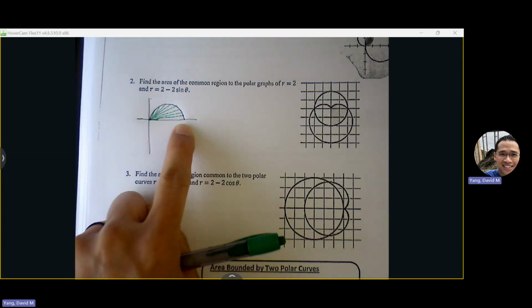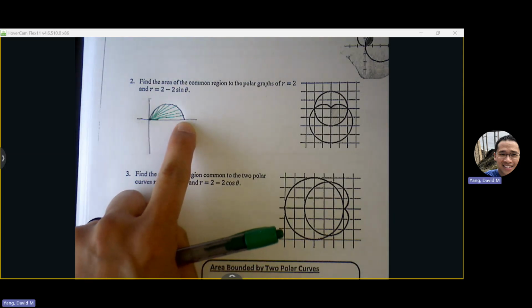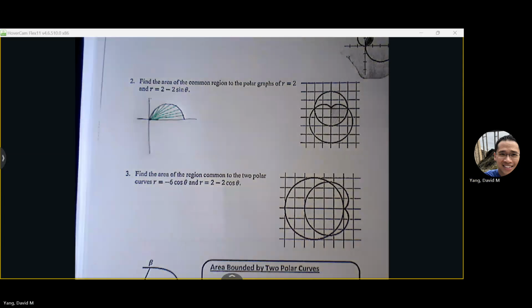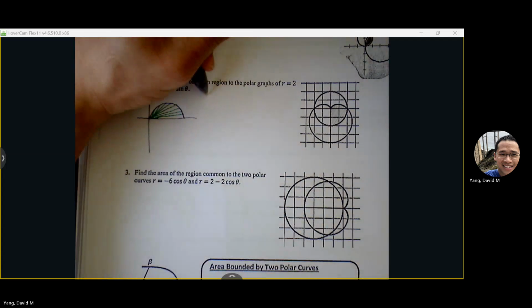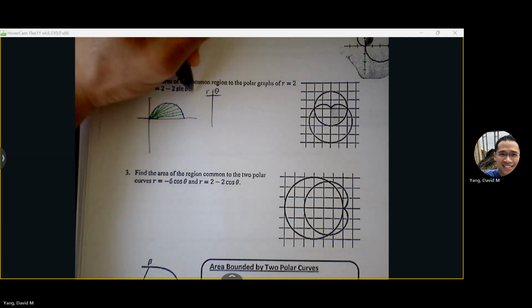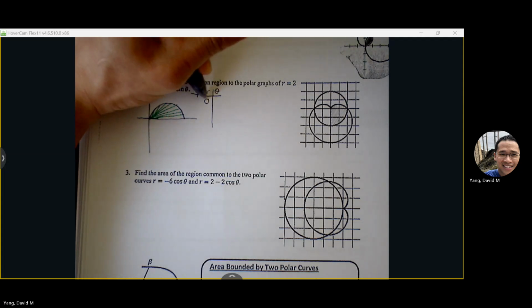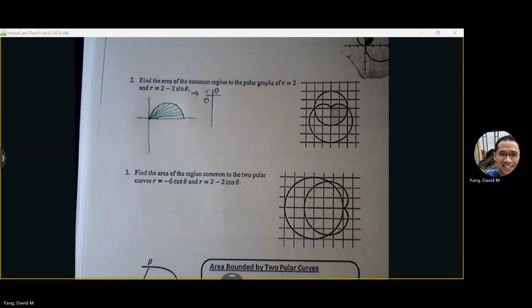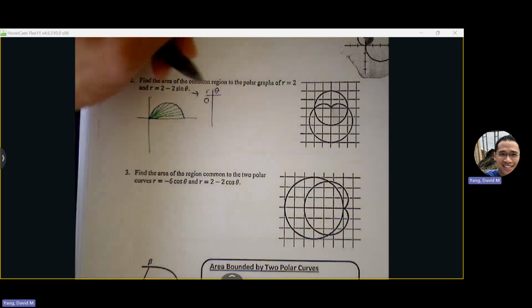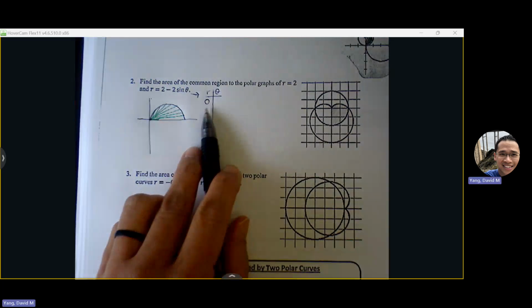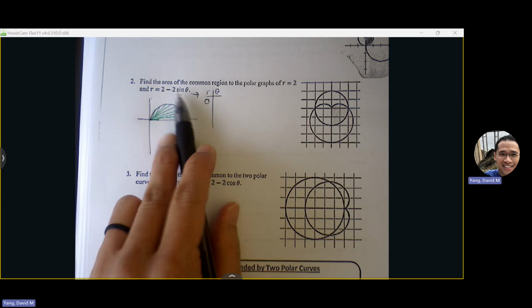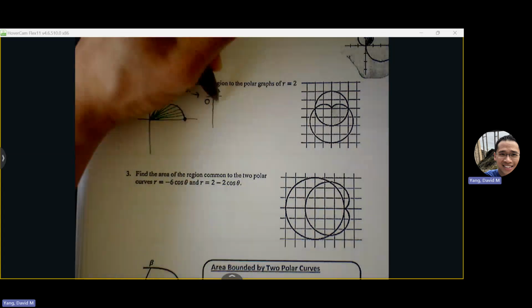So this is going to extend from 0, because for the 2 minus 2 sine theta, at 0, my graph is going to be at 2. So it's going to start here.